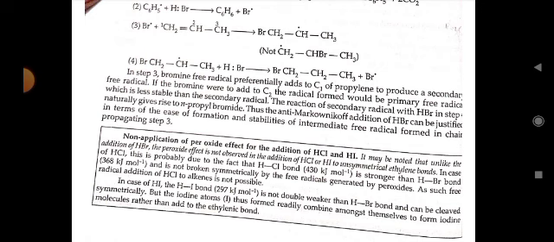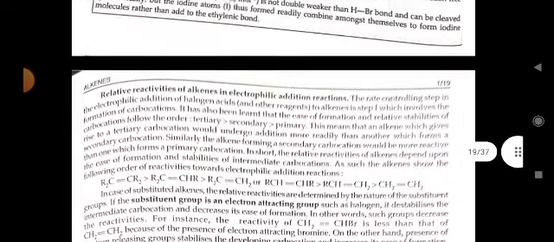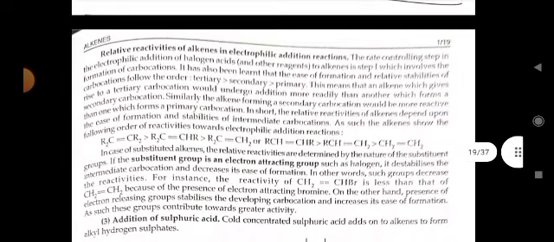Relative reactivities of alkenes in electrophilic addition reactions. The rate controlling step in the electrophilic addition of halogen acids and other reagents to alkenes is step 1, which involves the formation of carbocations. It has also been learned that the ease of formation and relative stabilities of carbocations follow the order tertiary, then secondary, and then primary.